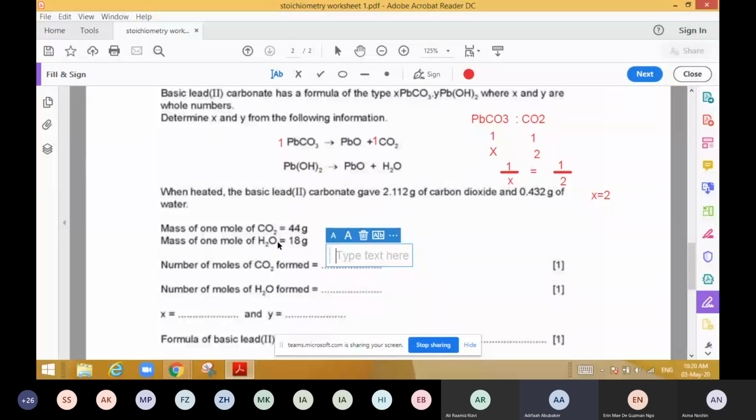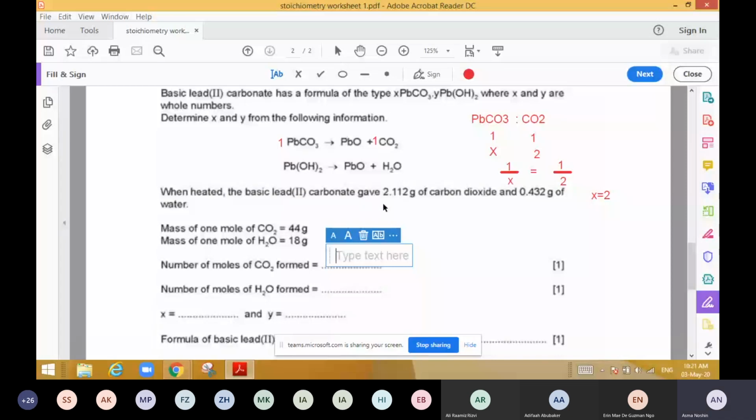For carbon dioxide, 44 divided by 2.112. Why 2.112? Because I think that's the given mass. No, leave this all. We will just see this afterward.